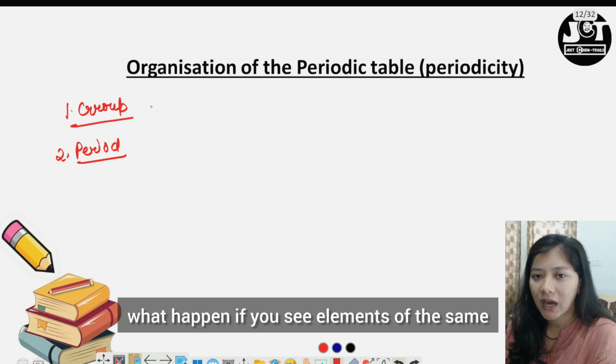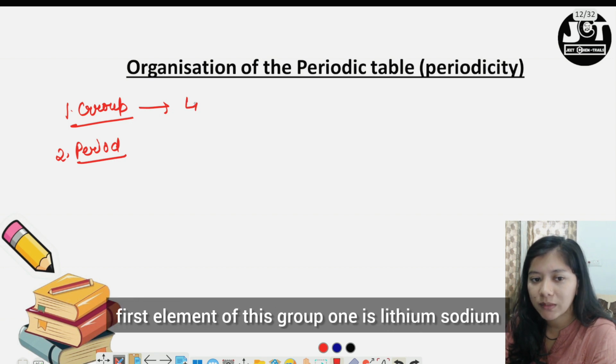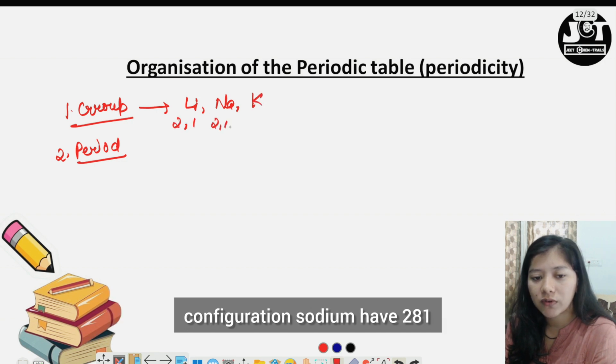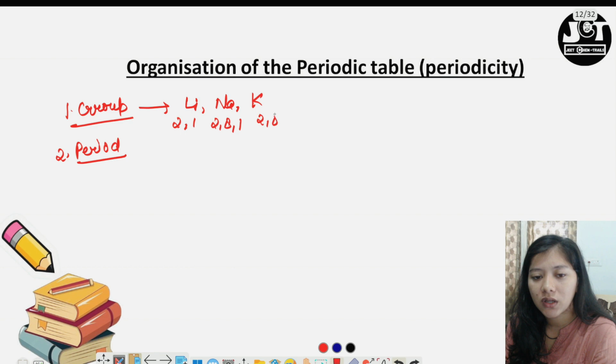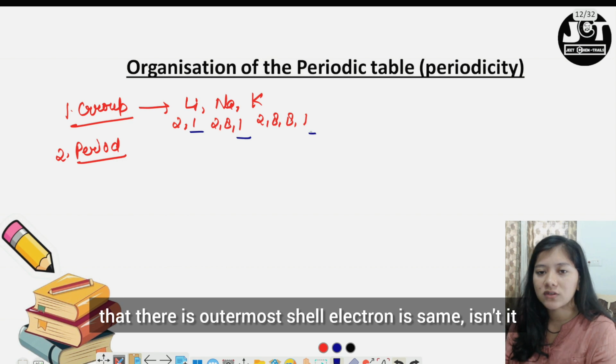So normally what happens, if you see elements of the same group, you can use any group. For that I am using group number 1. The first elements of this group 1 are lithium, sodium and potassium. So lithium has 2, 1 electronic configuration, sodium has 2, 8, 1 and potassium is 2, 8, 8, 1, right? All these have a similarity that the outermost shell electron is the same, isn't it?